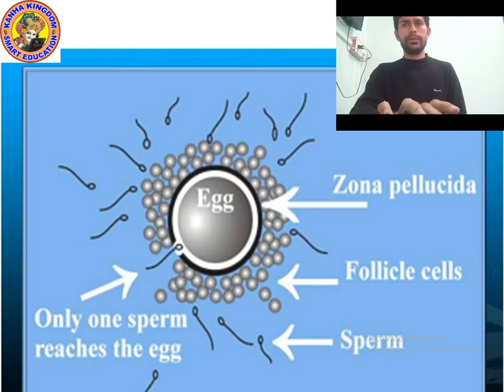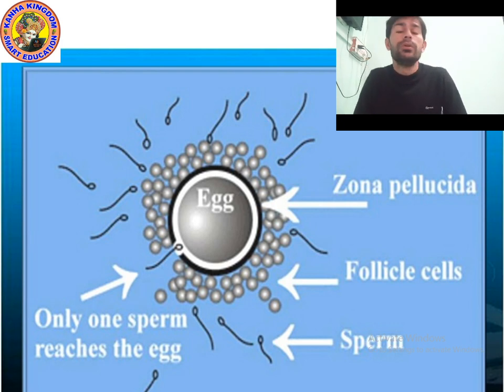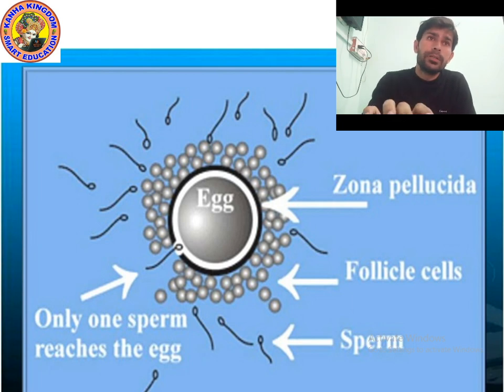Class 8th, we have been studying chapter number 9, that is reproduction. We studied different topics, like the male reproductive organ and the female reproductive organ.